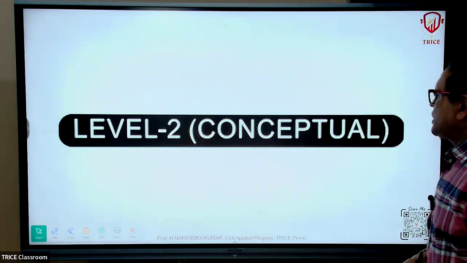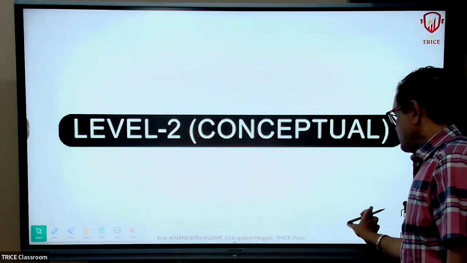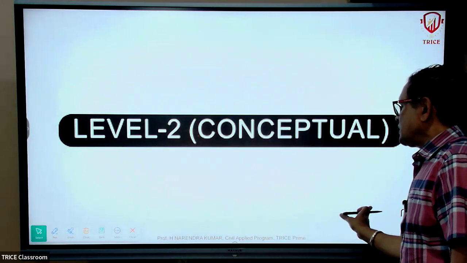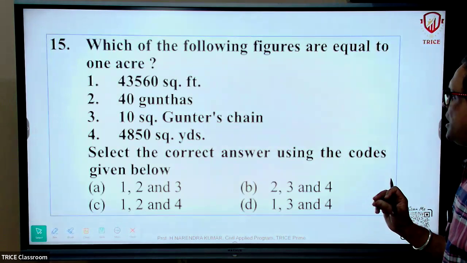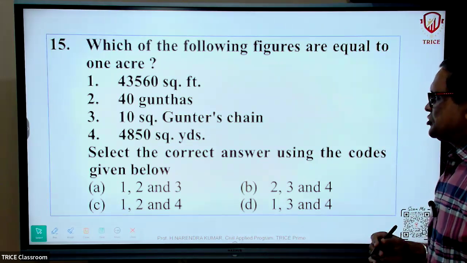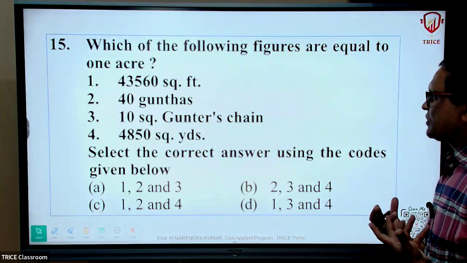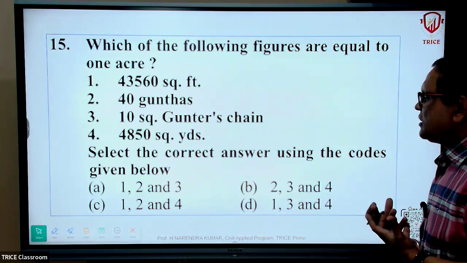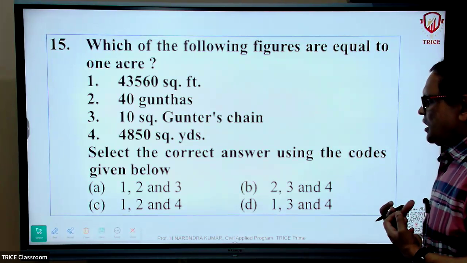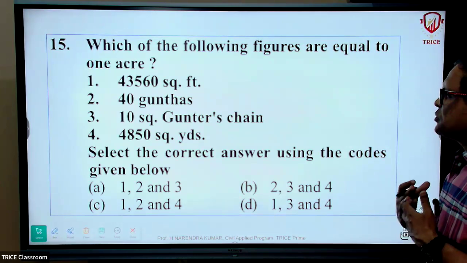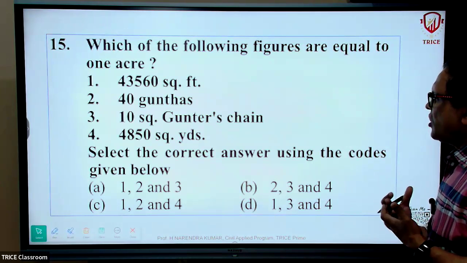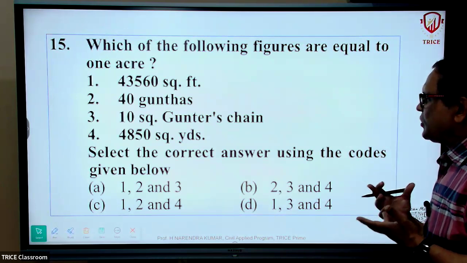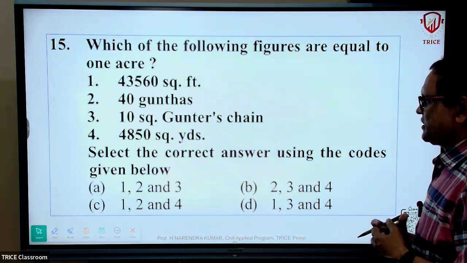Okay, level 2, conceptual. So we completed basics. Let me take up conceptual, slightly different types of questions. The expectation is you need to know all the answers. What is more important here is that it looks like all the answers are correct, but you need to at least eliminate one of the answers.